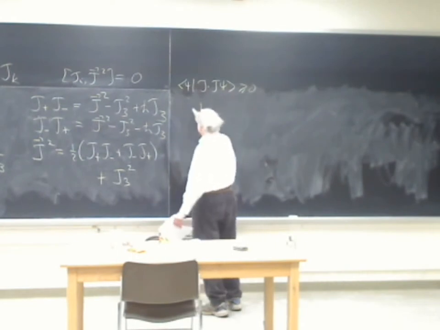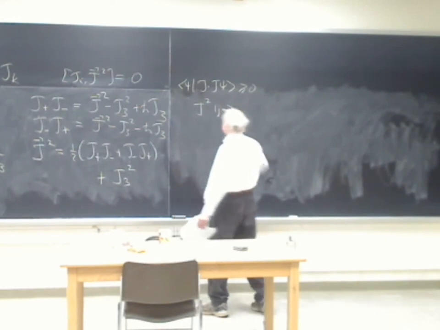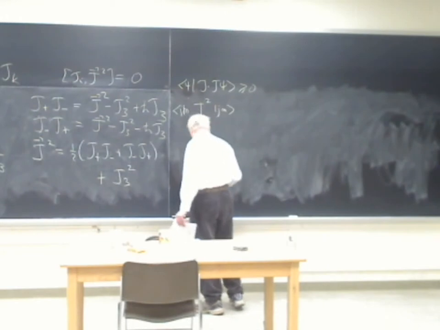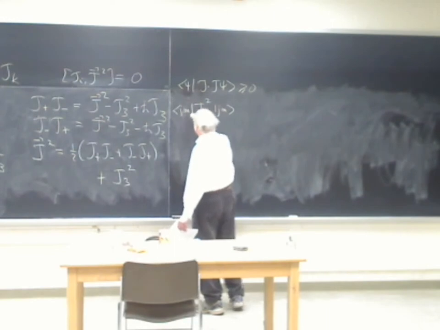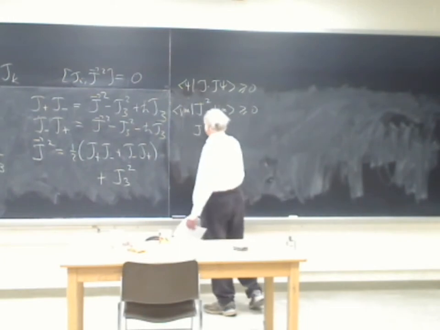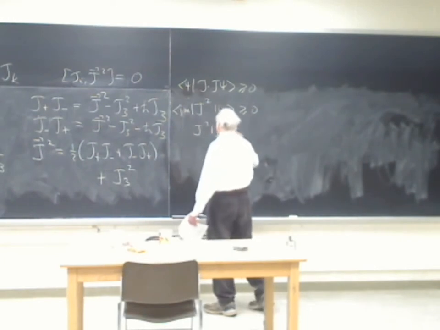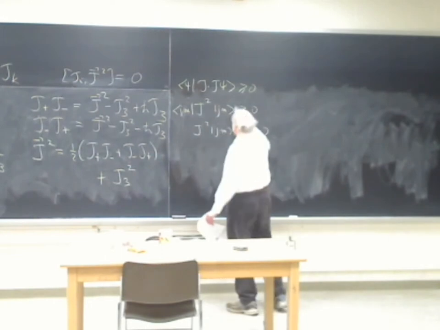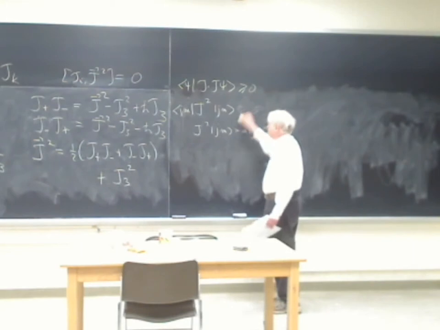So that means that if Jm is an eigenstate of J squared, then, whoops, let me do that a little better. Then if psi is equal to Jm, then this is greater than or equal to 0. And so if in particular J squared on Jm is equal to alpha Jm, then this is equal to alpha, which is greater than or equal to 0.